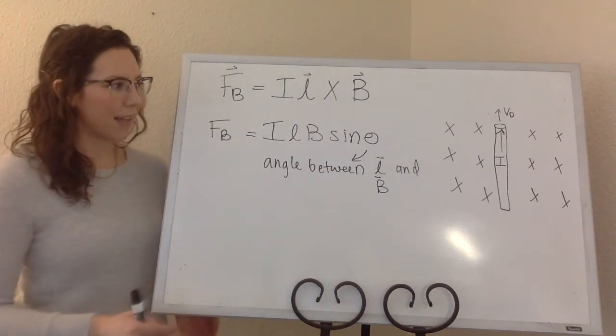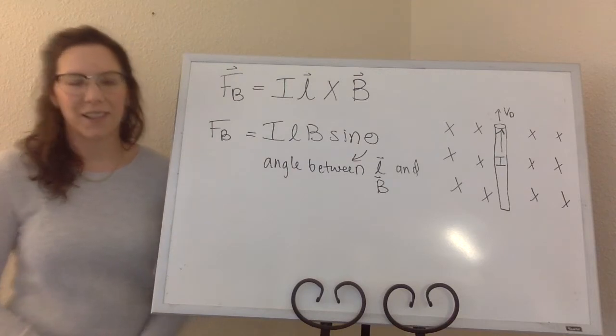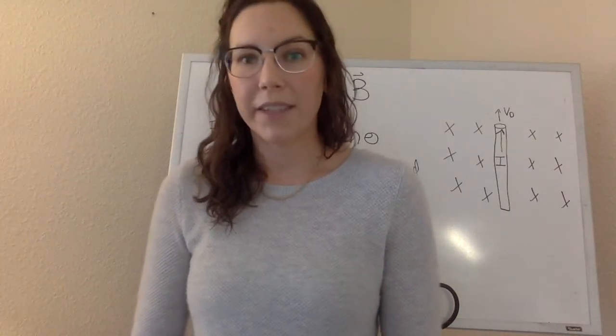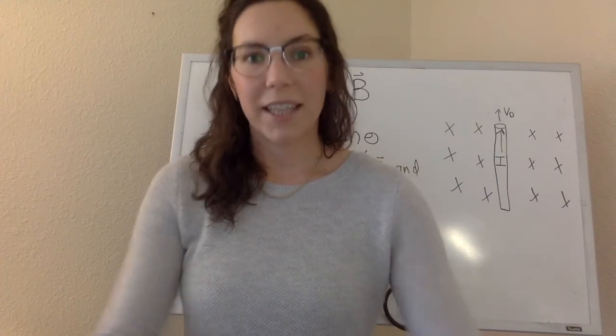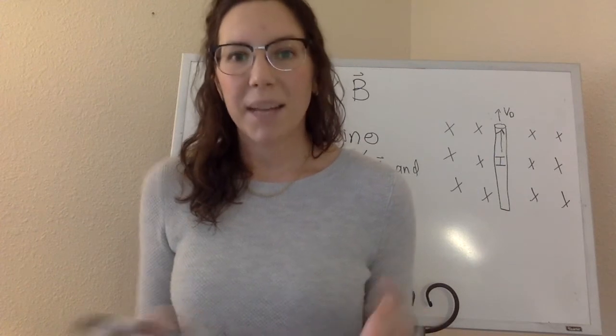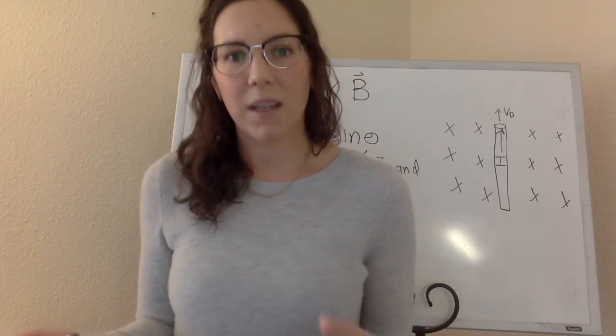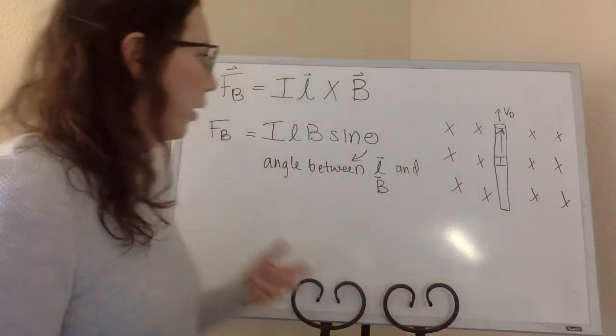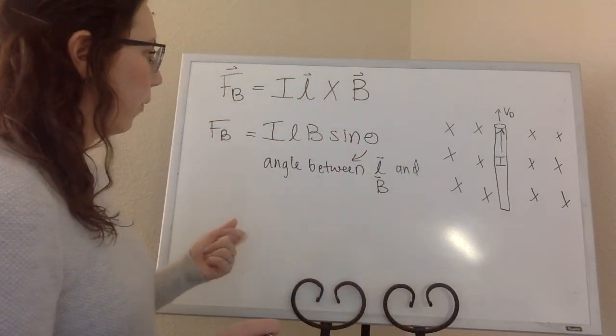This means that since we have sine theta and it's a cross product, if the current is parallel to the magnetic field, the magnetic force will have sine of 0 and the magnetic field will not exert a force on that wire. So it has to be angled so that there's at least some component of that L vector that's perpendicular to the magnetic field in order for the wire to experience a force.